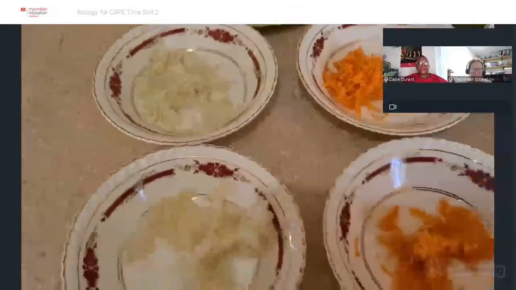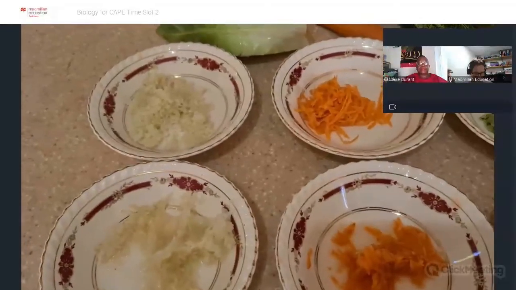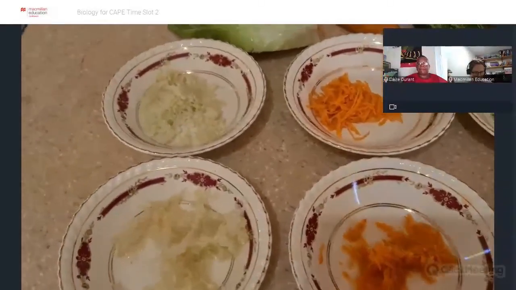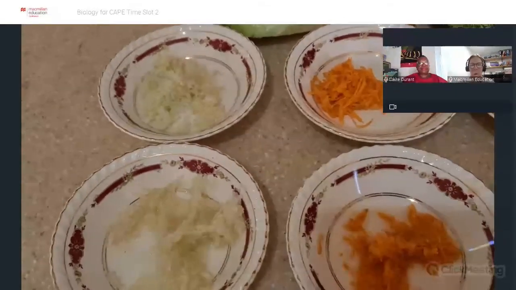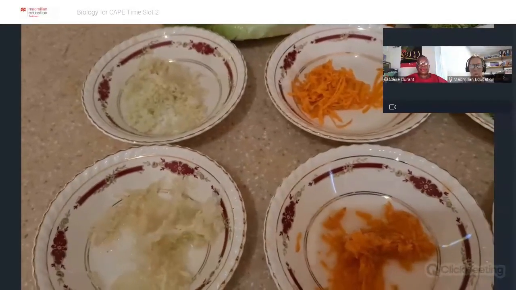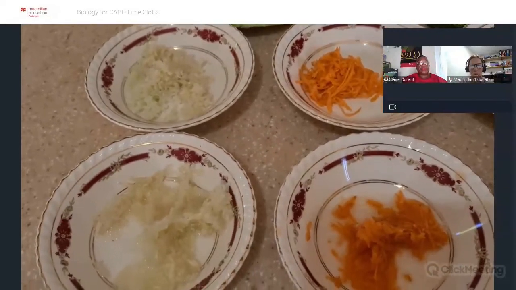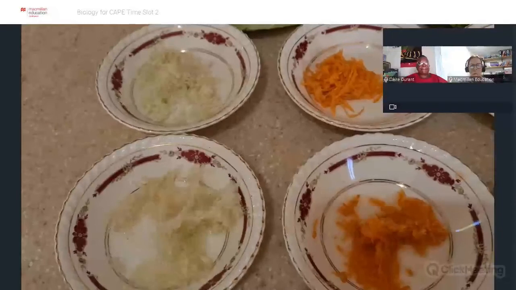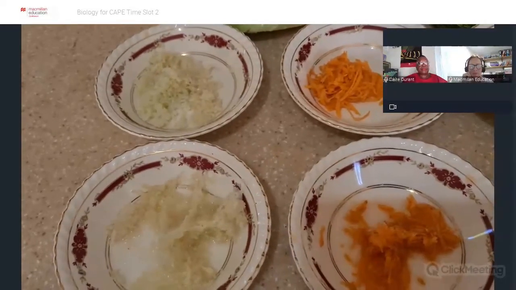Now, what has happened? We know that when we grate the cabbage and the carrot and the cucumber, we damage the cells, and by adding the solute on the outside, which is the sugar or the salt, these cause water to move from inside of the cells, which will be inside of the cell vacuole.